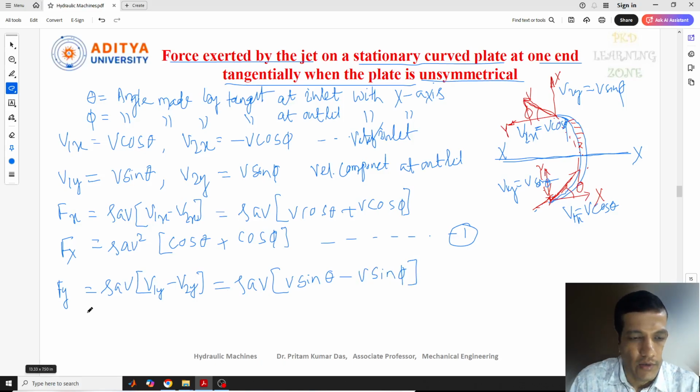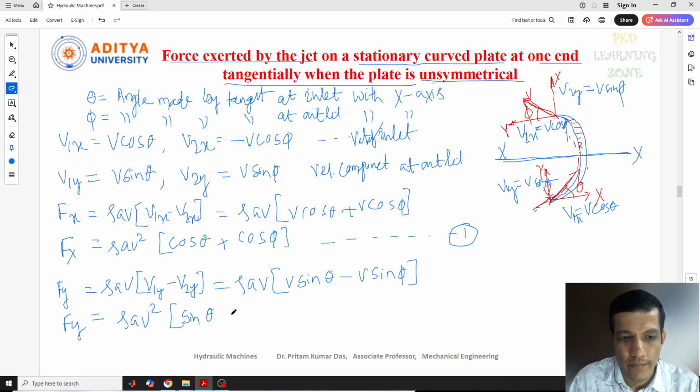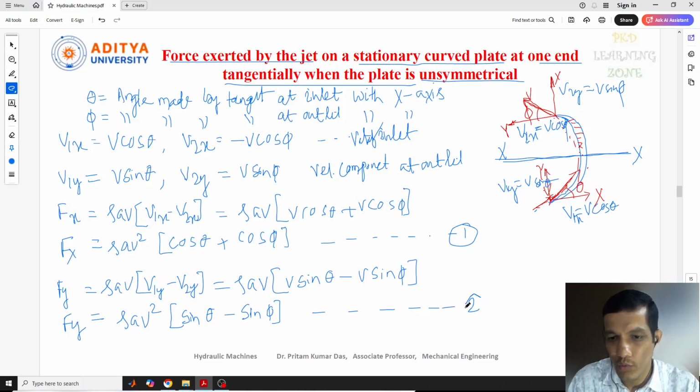Finally Fy equals rho a v square, taking it common outside, sin theta minus sin phi. And this is our equation 2.